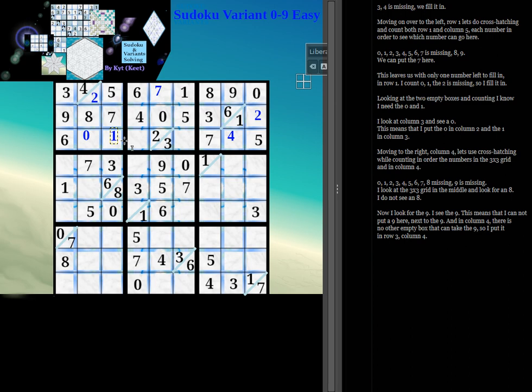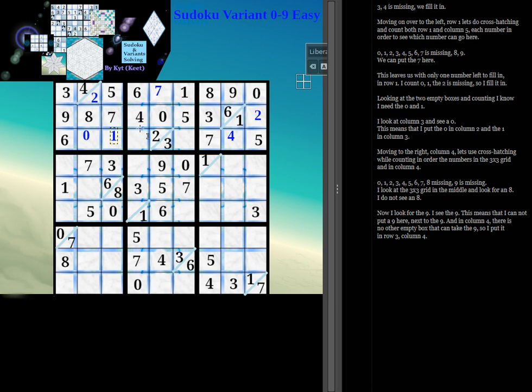I look at the 3x3 grid in the middle and look for an 8. I do not see an 8. Now I look for the 9. This means I cannot put a 9 here next to the 9. And in column 4, there is no other empty box that can take the 9.